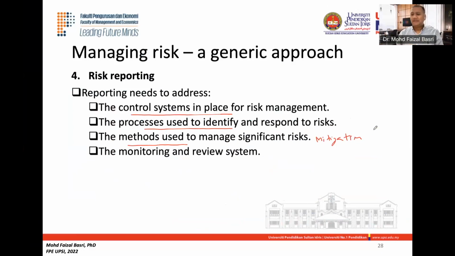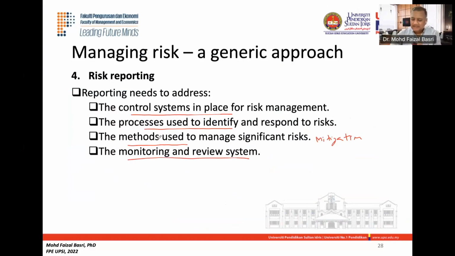So what will be the method used? They come up with a proper or completed project charter, and they include resources as well, the project charter template. So that would be the method used, how to mitigate the risk, and finally how to monitor and review.